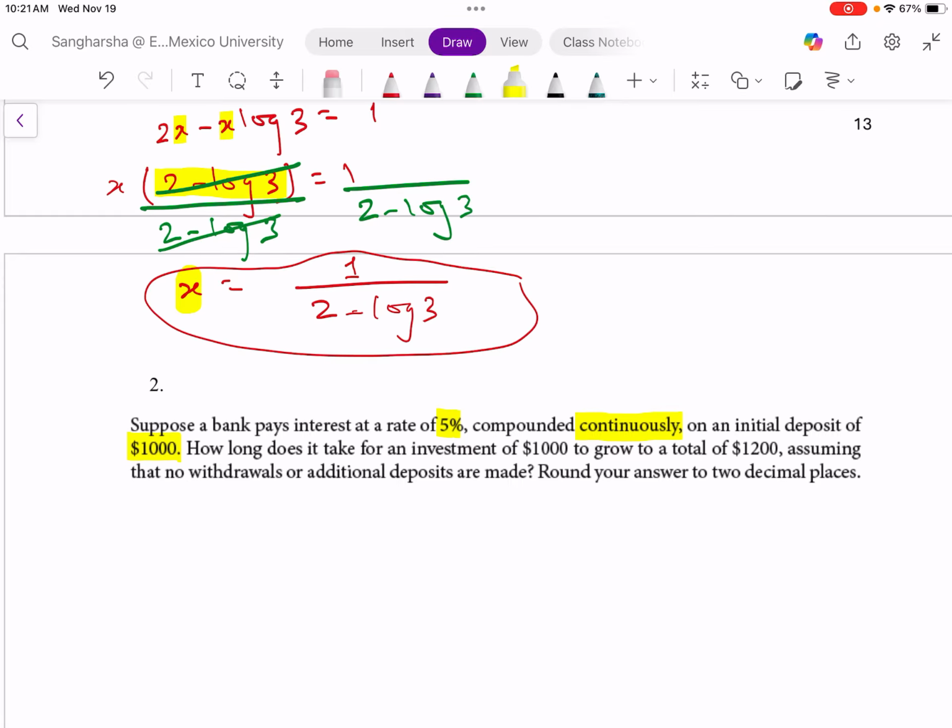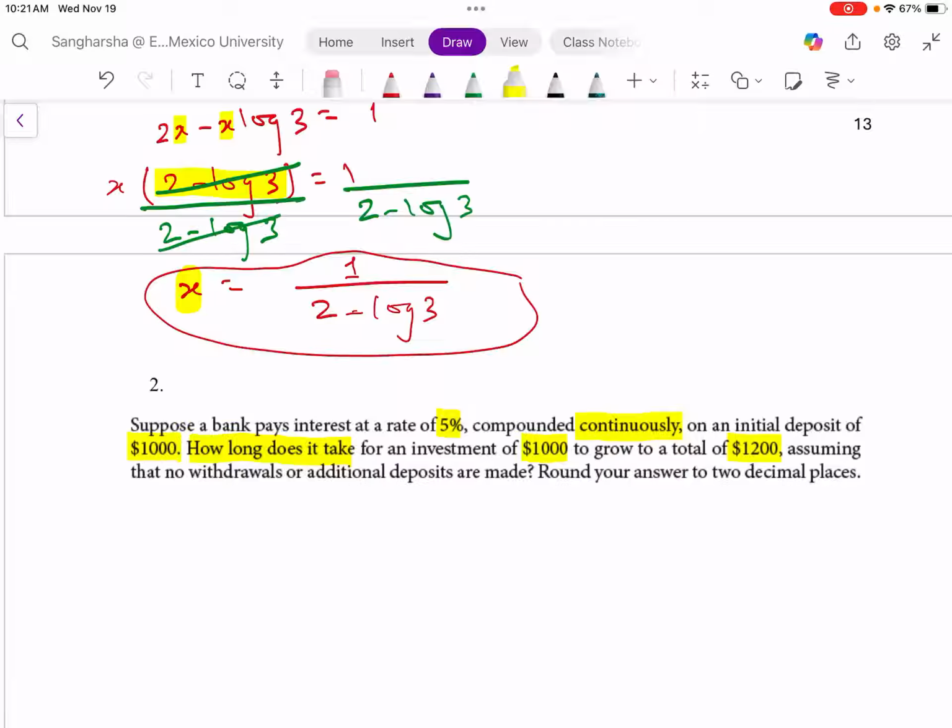How long does it take for an investment of $1,000 to grow to a total of $1,200, assuming that no withdrawals or additional deposits are made? Now, at first, we have to collect what is given to us.